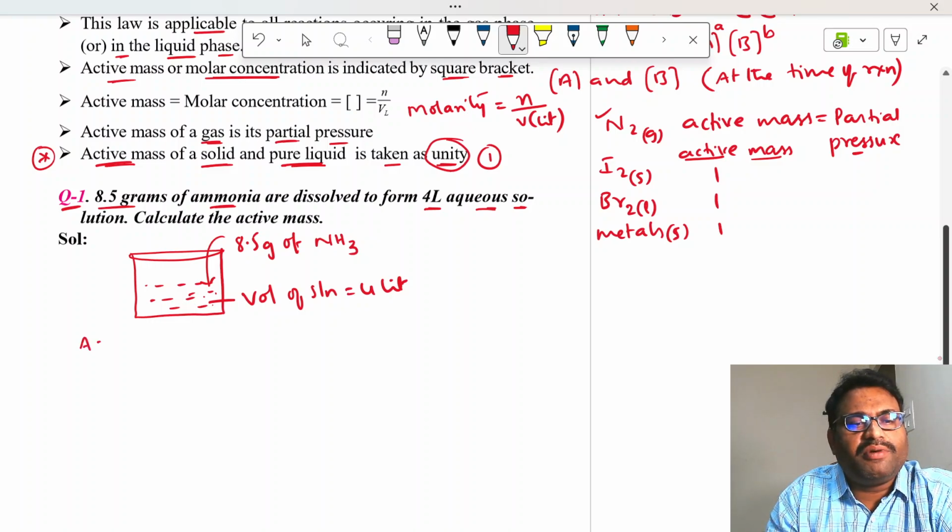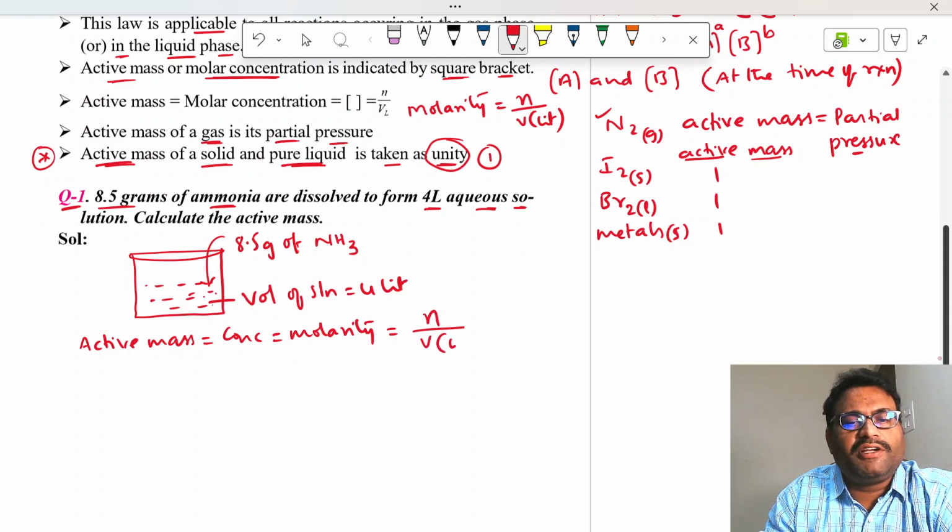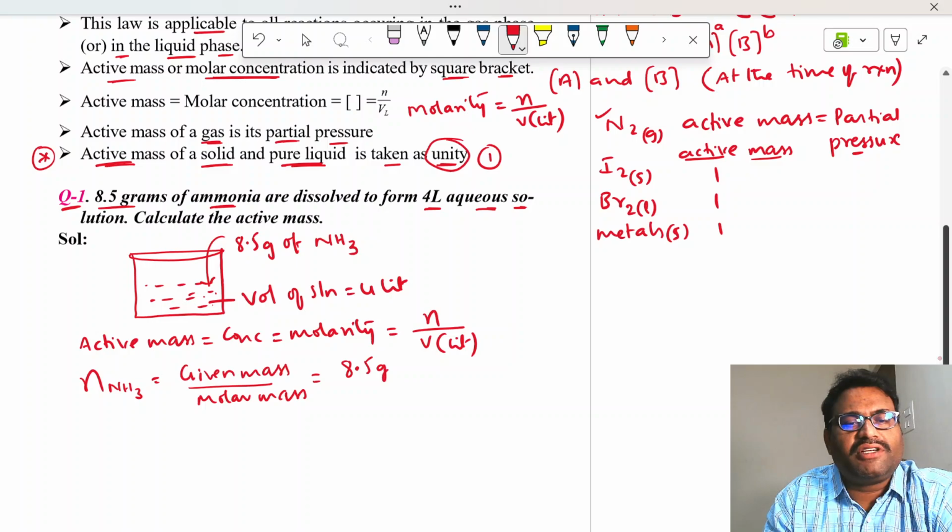Then calculate active mass. Active mass here is nothing but the concentration, the molarity: number of moles by volume expressed in liters. Number of moles of ammonia is equal to given mass by molar mass, or molecular weight. 8.5 grams ammonia, NH3: nitrogen 14, 3 hydrogen 3, so 17 grams.